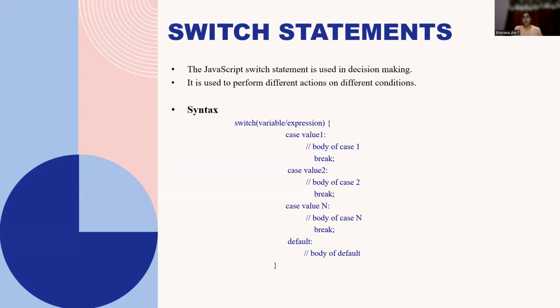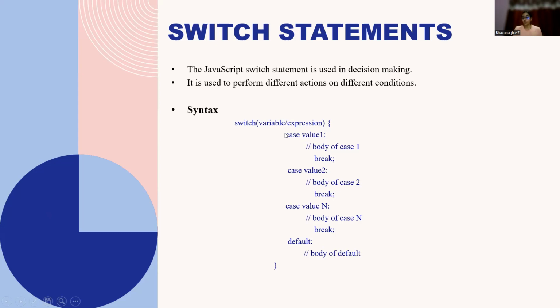So let's move on to our fourth conditional statement, that is the switch statement. The switch statement is used in decision making. Whatever decision we have to perform, we consider the switch statement. It is used to perform different actions on different conditions. Let's understand the syntax: we evaluate the expression once.